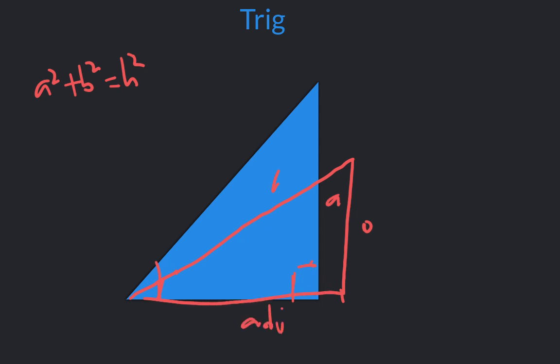And that's how the cosine goes from 0 to 1, because eventually this will get shorter and shorter, and this will get longer and longer until they are the same leg, the same line.